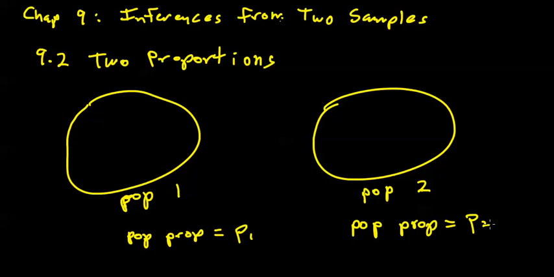And in wide strokes, the idea here is we're going to be testing the claim that P1 equals P2. Are these two population proportions the same? Are they different? Is one less? Is the population proportion from the treatment segment of the experiment greater or less than the control population proportion, etc.